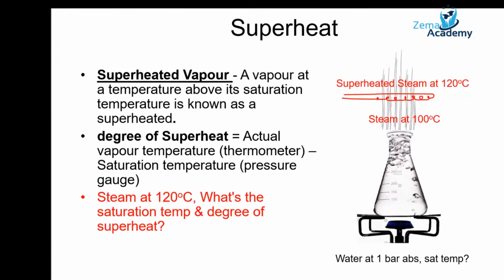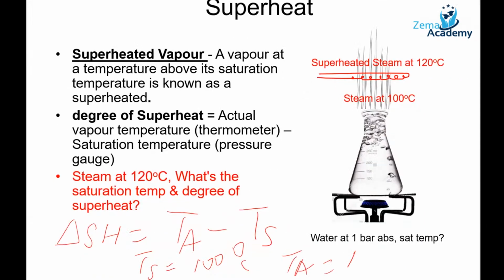And we can calculate our degree of superheat: degree of superheat is equal to actual temperature minus Tsat. One example: we have water boiling. Of course, the steam is at 100 degrees C and the superheated steam temperature is 120 degrees C. What is the saturation temperature and what is the degree of superheat? Tsat is 100 degrees C, the actual temperature is 120 degrees C, and therefore the degree of superheat is 120 minus 100, which is 20 degrees C.